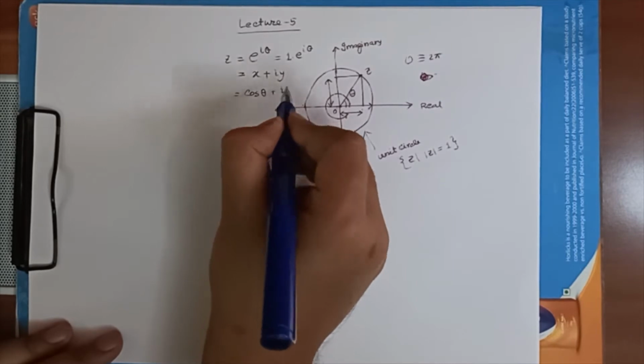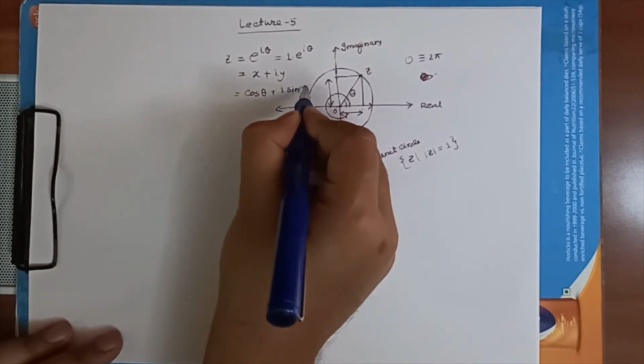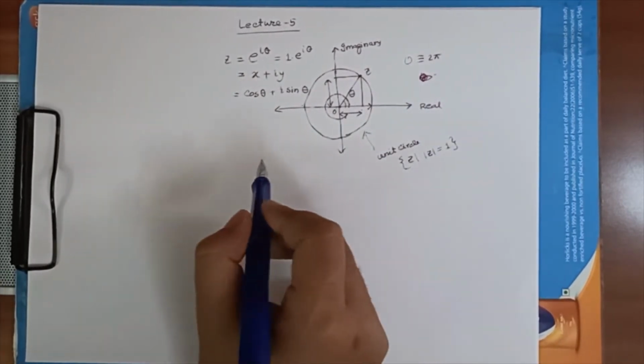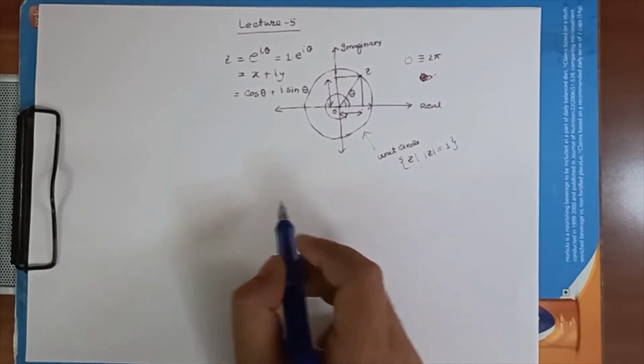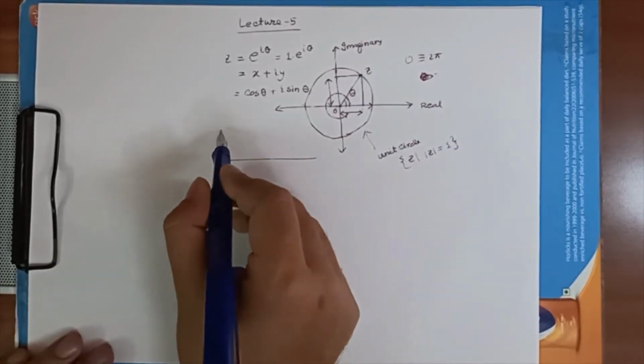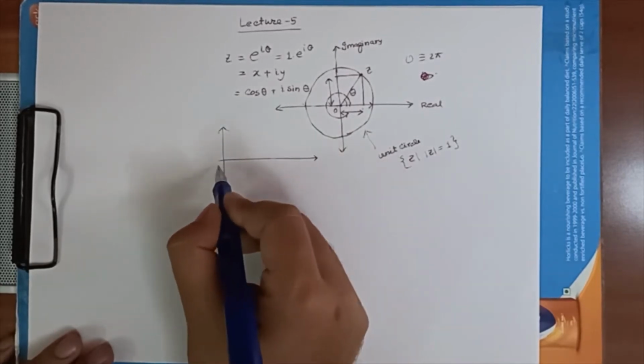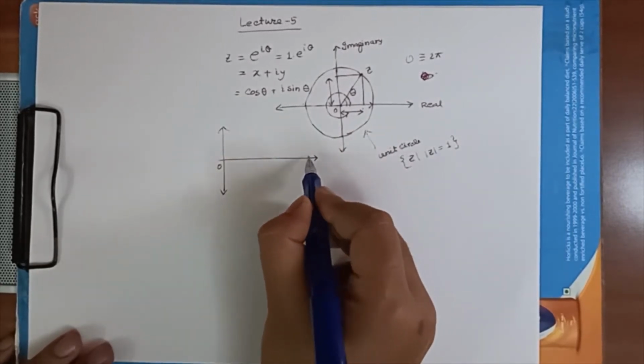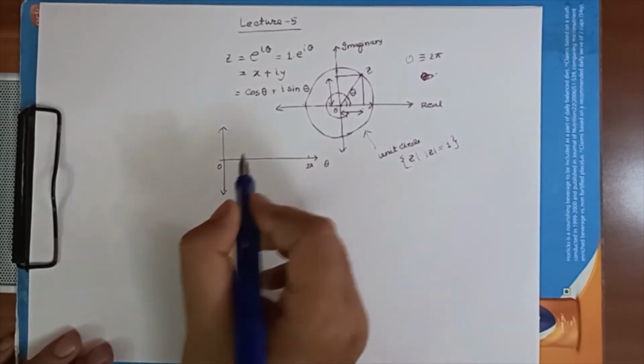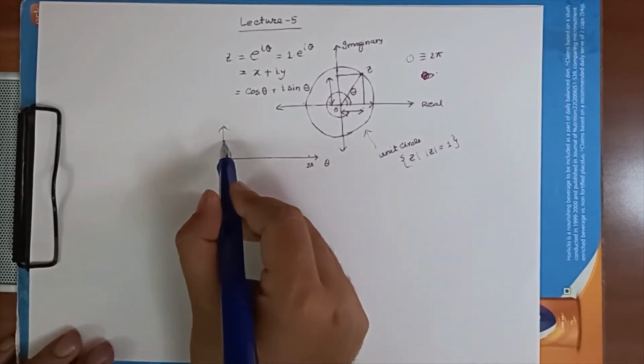This is the famous Euler's identity. If you draw the graph of the real and imaginary parts with respect to theta, from 0 to 2 pi, the cosine will look like this.